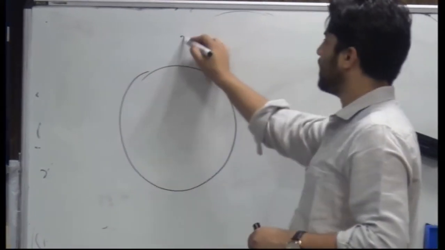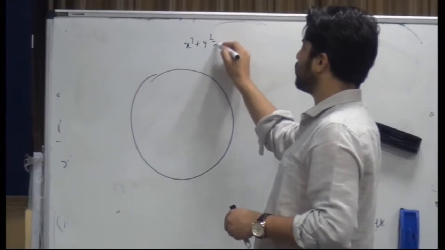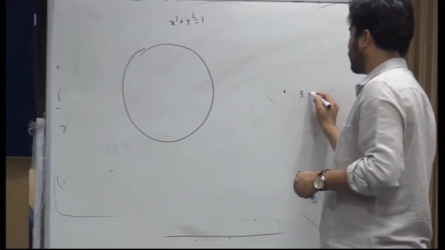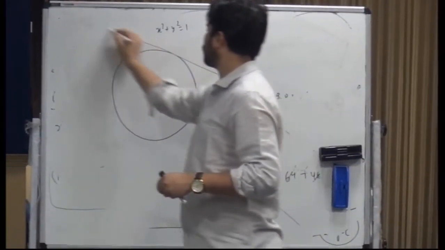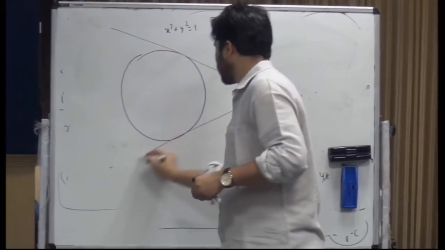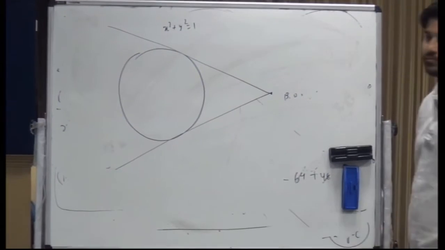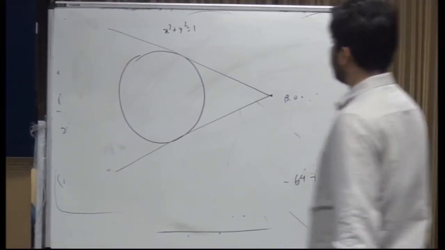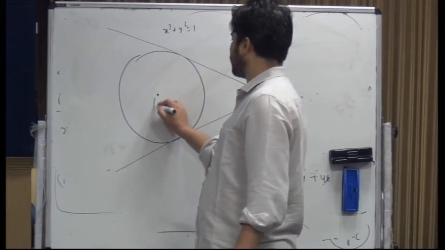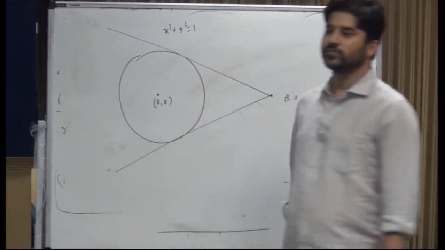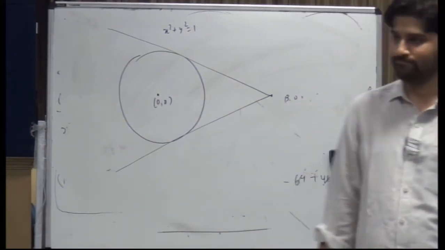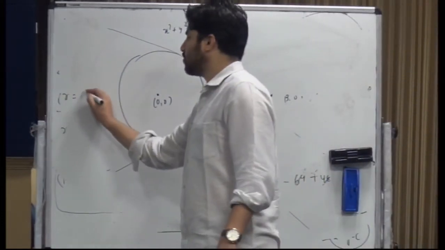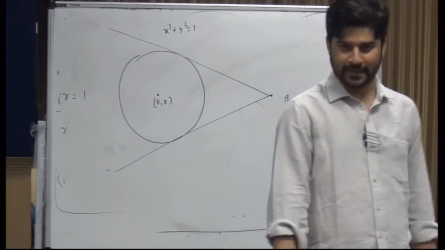So this is your circle x square plus y square is equal to 1. And this is the point (3, 0), and definitely you get two tangents from (3, 0), right? And the center you definitely know is (0, 0), and the radius you definitely know is 1, right?